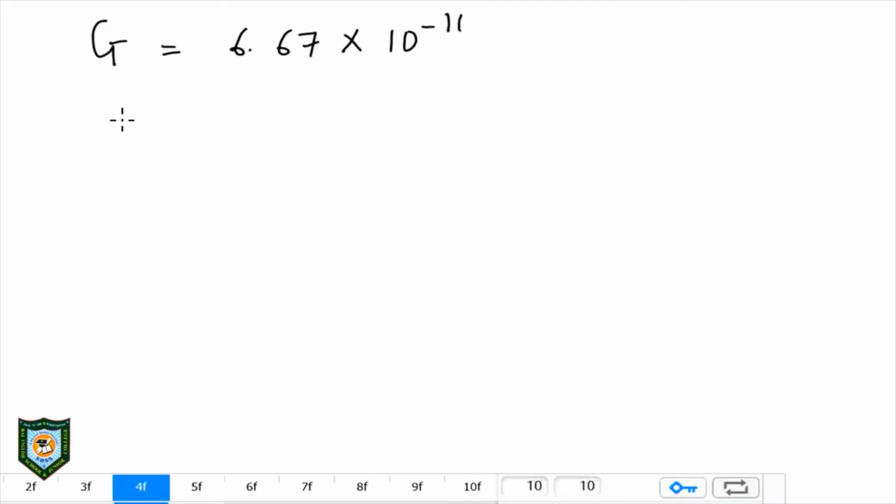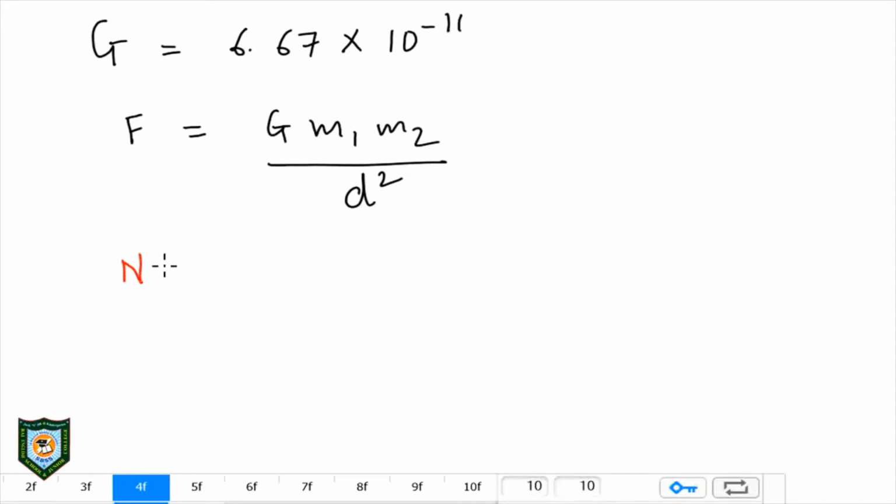We know that F is equal to capital G m1 m2 divided by d square. Now instead of writing F, I'm going to write the SI unit for force, which as we know is Newton. And this is equal to, now we have to find capital G, so we'll keep it the way it is.